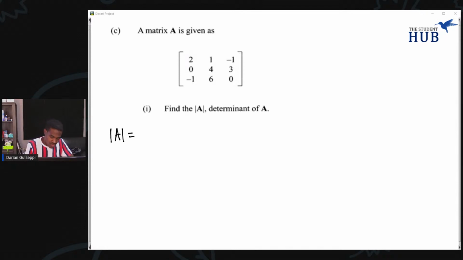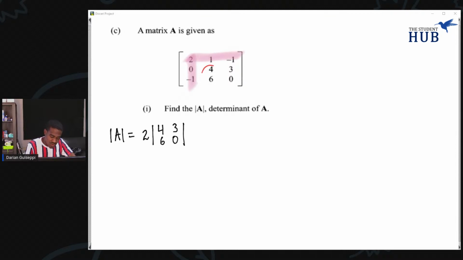So it will be 2, and to get the cofactor, we use the cover-up method. We cover up the row and column of that element, all the elements in the row and column, and what we remain with is this nice 2x2 matrix.